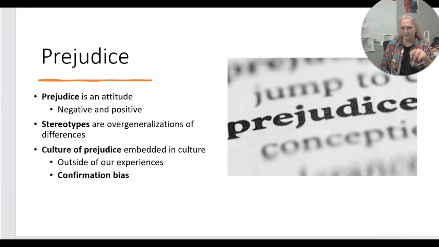We talk about having both positive and negative prejudices. Positive is where you interpret or assume something. I recently heard, and this is not a good one, but sometimes when we talk about positive prejudices, it's the idea that Asian students are better at math, which used to be the example I used.